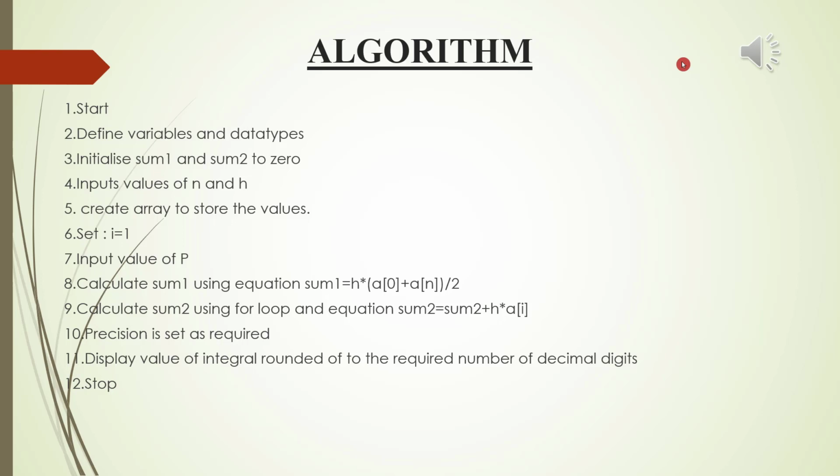For convenience, we split the trapezoidal rule into two parts, sum1 and sum2, where sum1 is calculated using the equation sum1 is equal to h into initial value plus final value divided by 2, and sum2 is calculated by the equation sum2 is equal to sum2 plus h into intermediate value.